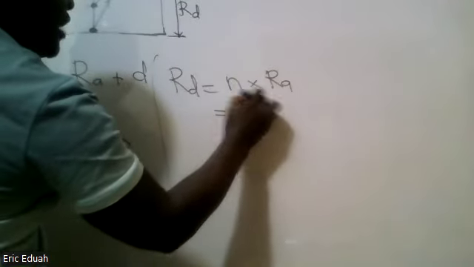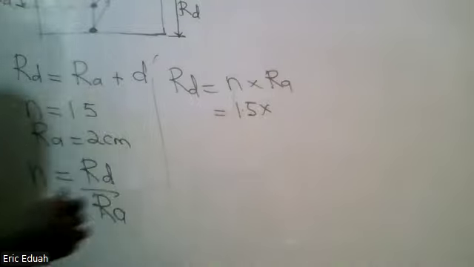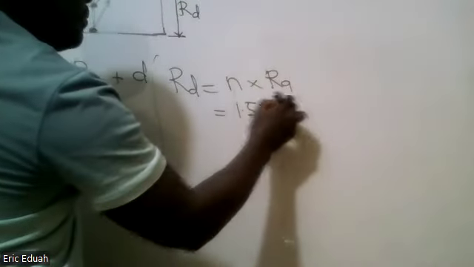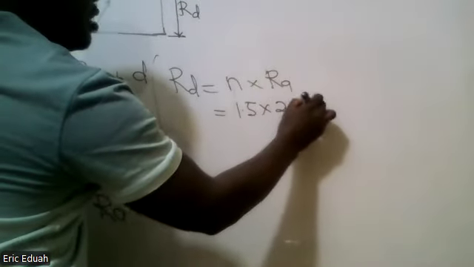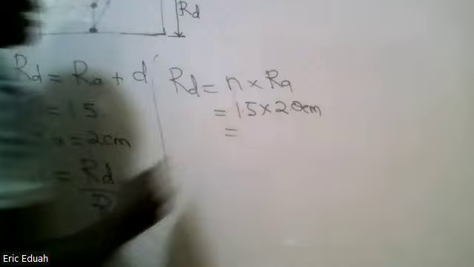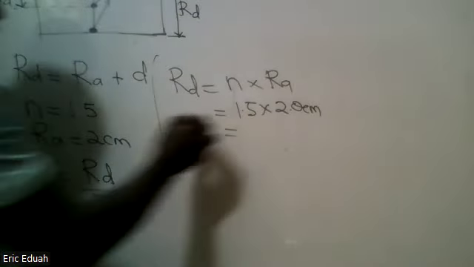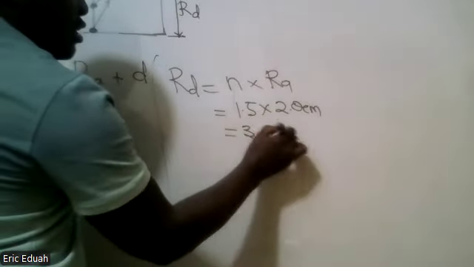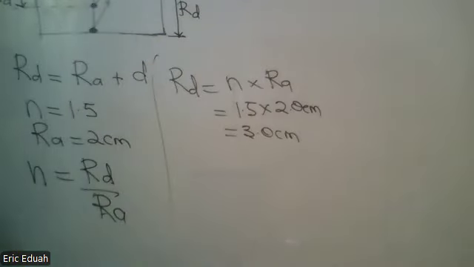N is 1.5, apparent depth is 2 centimeters. Therefore, the height of the slab is 3 centimeters. That's all.